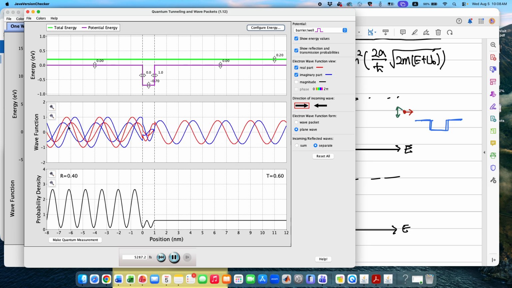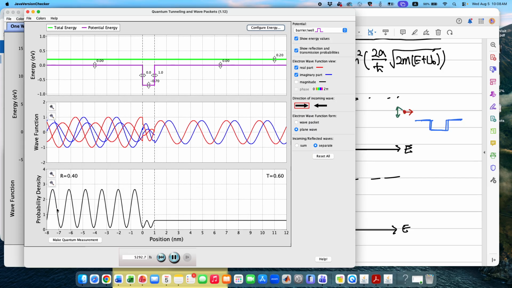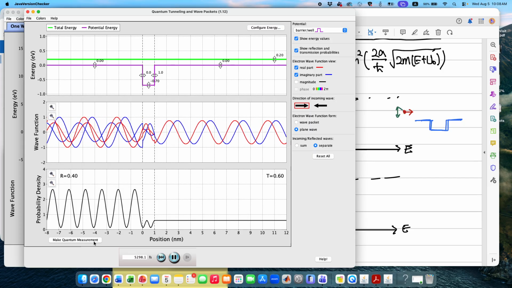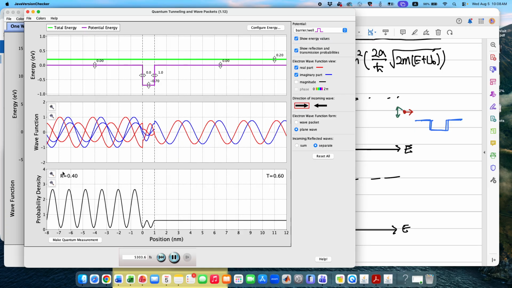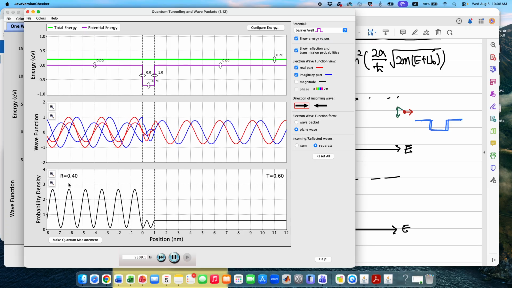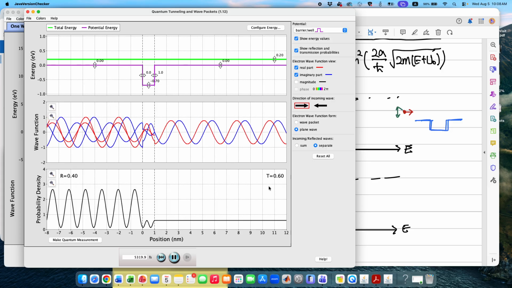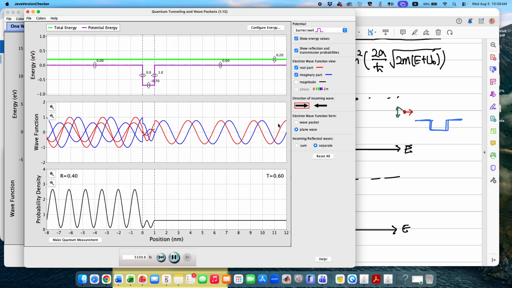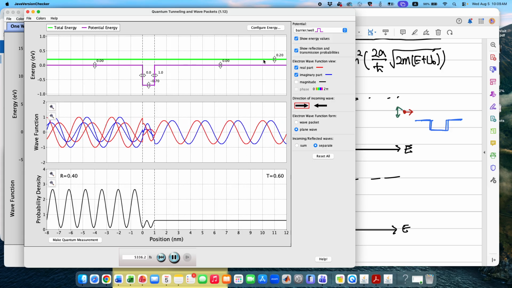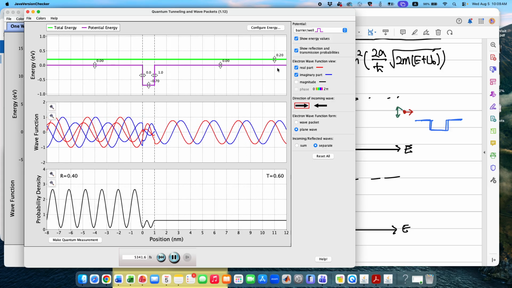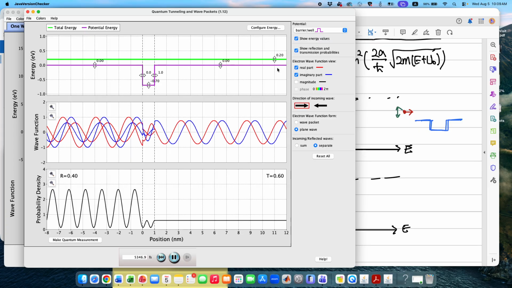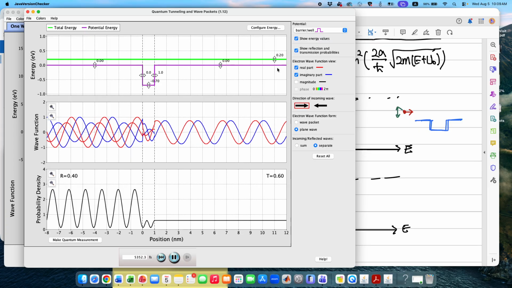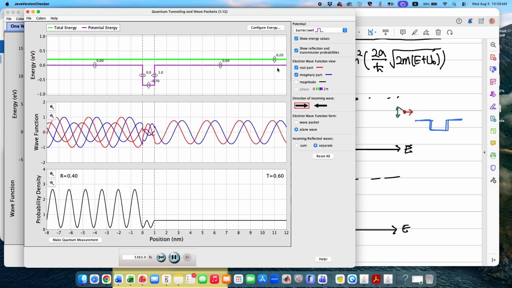From this wave function, we can also obtain the probability density, okay? And this one shows you how much reflection is expected. This is 0.4, 40%, and then transmission 60%, 0.6, okay? So for this particular case, for this particle having energy of 0.2 electron volt, if you send the particle from left to the right, 40% will be reflected and 60% transmitted, okay?